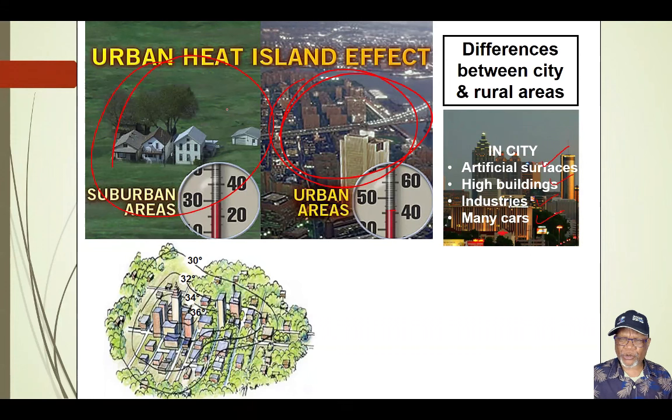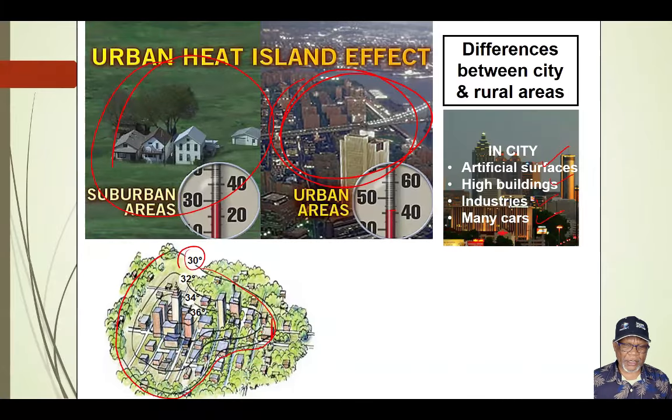What we are looking at here are the isotherms. What are isotherms? Those are the lines that join places with the same temperature. If we follow this isotherm right around, it shows that the temperatures here are around 30 degrees.